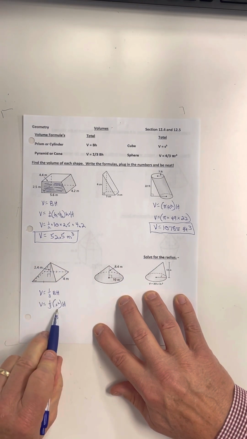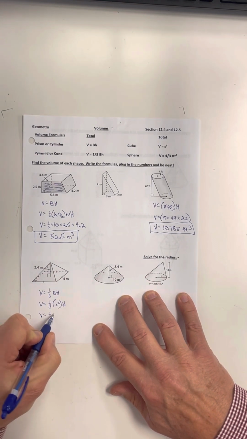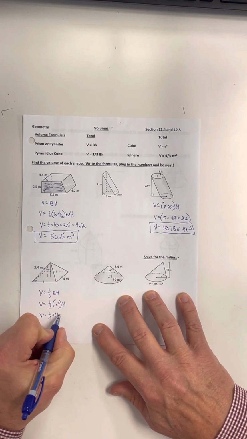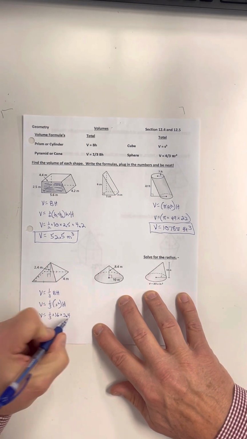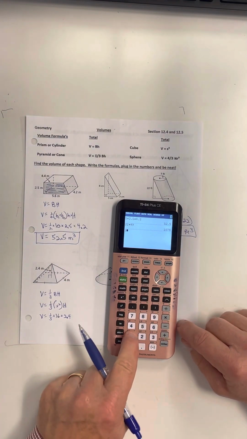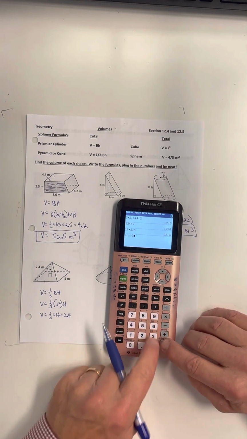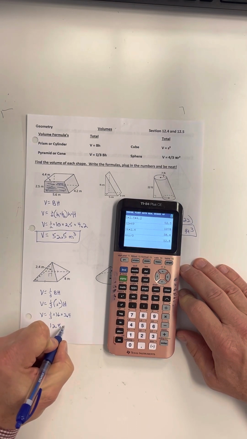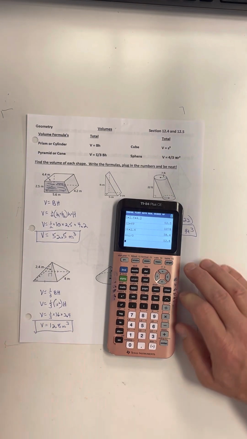So we get volume equals 1/3 times the side squared, 4 squared is 16, times the height, which is 2.4. Since it's a third, I would go 16 times 2.4, then divide it by 3, and get 12.8 meters cubed.